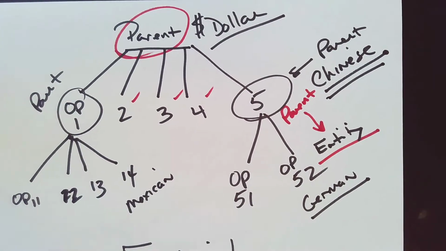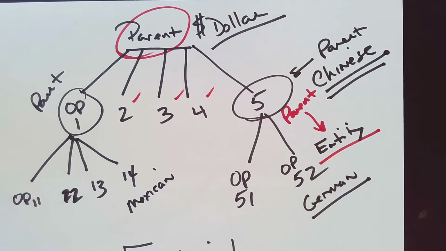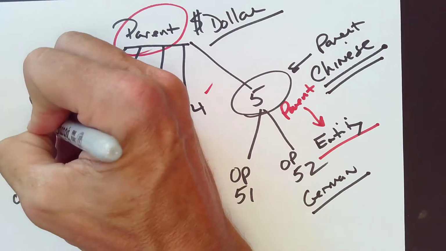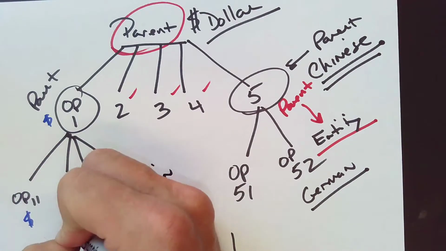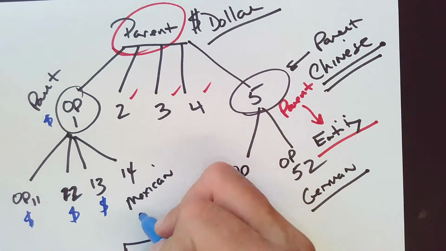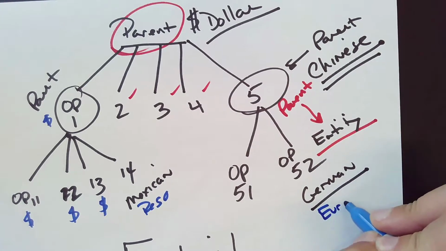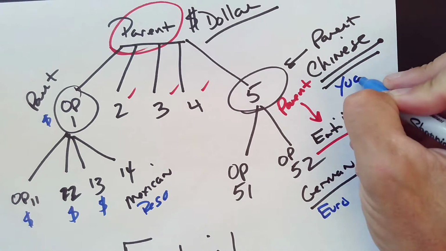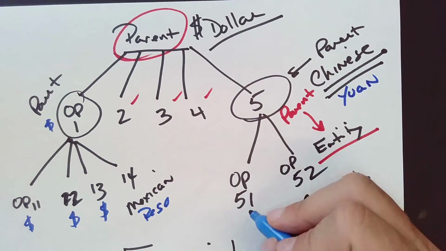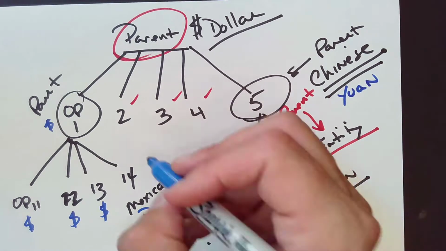Let's assume that this is U.S. dollar, dollar, dollar, dollar, and then this is peso. This is euro, and this is yuan. Okay, and then this is also op 5-1 is the dollar.